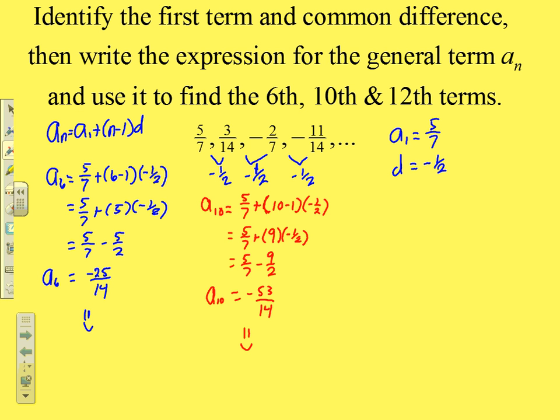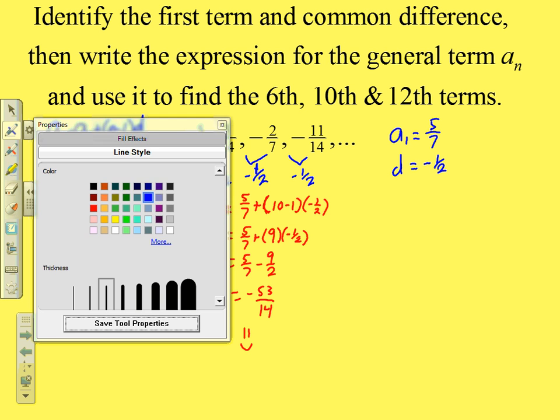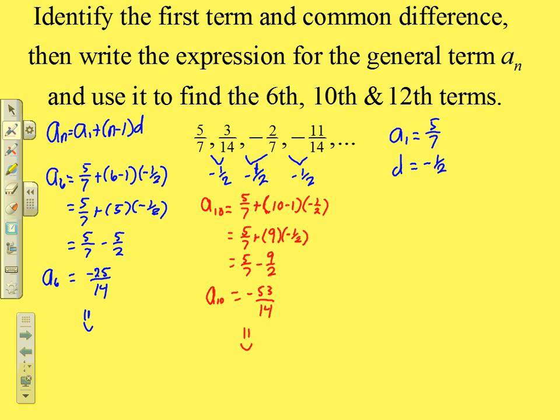And the last one that we'll do here is the 12th term. So a sub 12 gives me 5 over 7 plus 12 minus 1 times negative 1/2. We'll condense this process just a little bit.